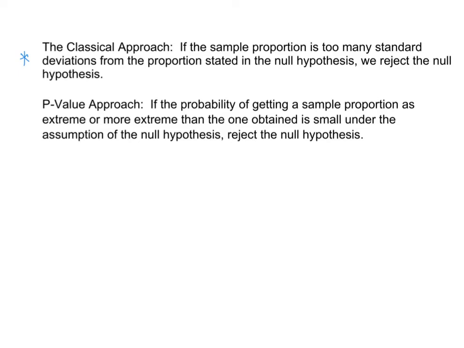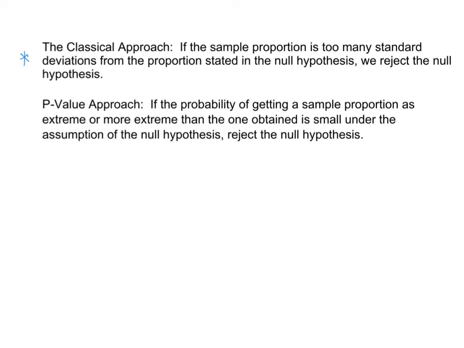The classical approach is this: if our sample proportion, that 53% from the last example, is too many standard deviations from the proportion stated in the null hypothesis, that's the case where we reject the null hypothesis. So if my sample proportion is too far away from the one in the null hypothesis, then we reject.